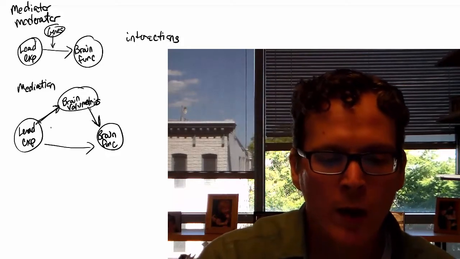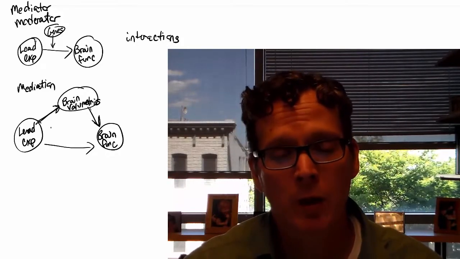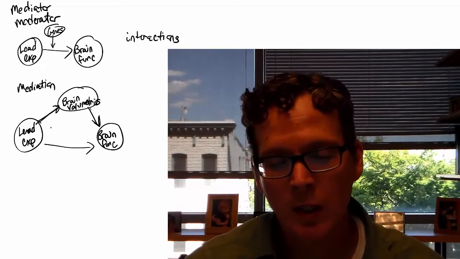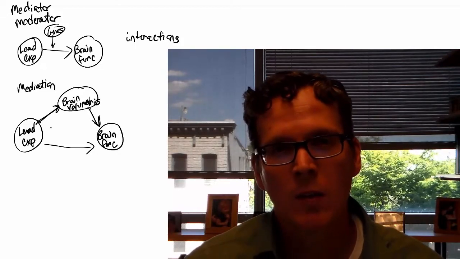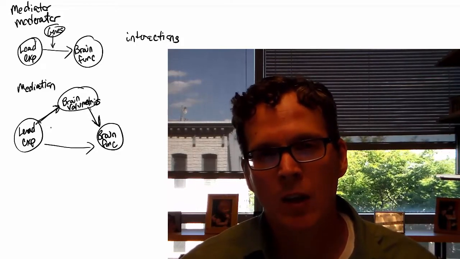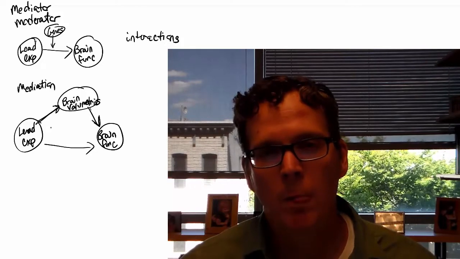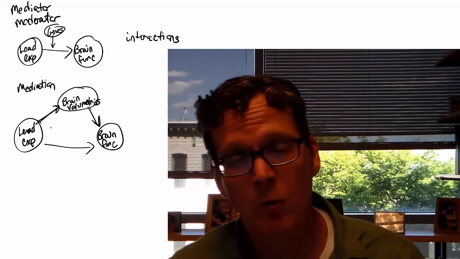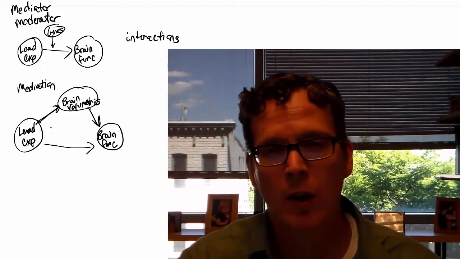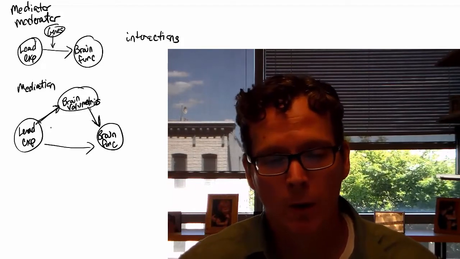So the way in which lead exposure impacts brain function is mediated through brain volumetrics. We're really interested in that more mechanistic understanding of the problem, and so we have to approach this with a different kind of algorithm, because it's a more complicated question than whether there's just moderation going on.